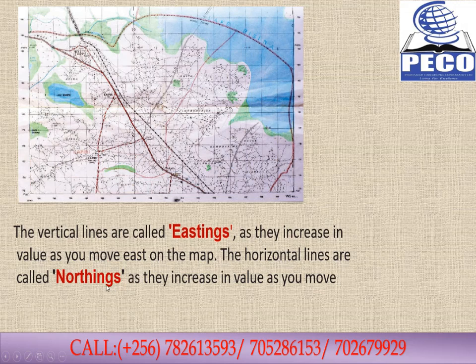So they are called northings because their values increase as you move to the north on the map. These lines are the ones we use to locate places under what we are calling the grid reference method.